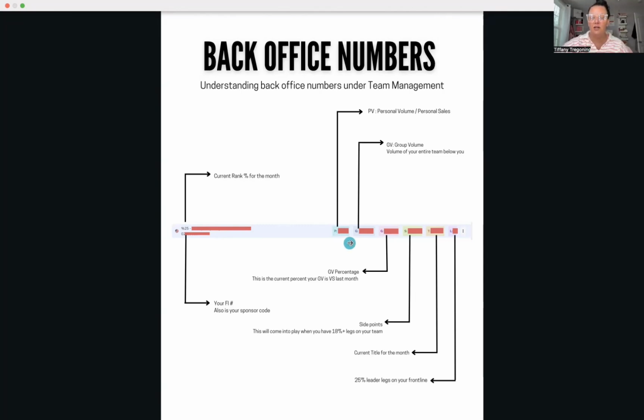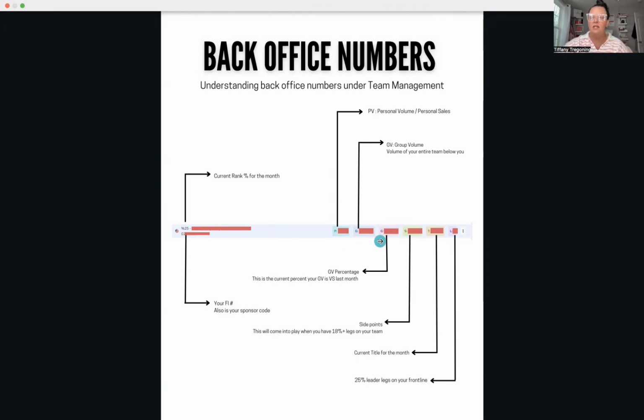The next lines over here are going to break down all of those numbers. So that first one for the P is actually PV. That's going to show personal volume for each person, and that's your personal sales. The next is going to be your GV, which is group volume. This is group volume of that person with every single other FI underneath of them. So that's that full group volume number.